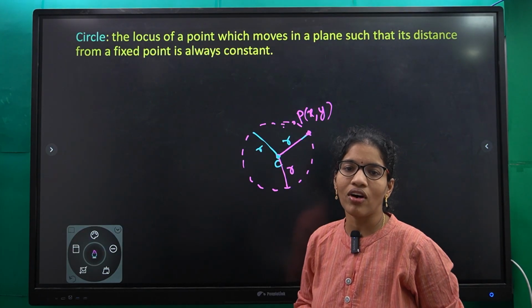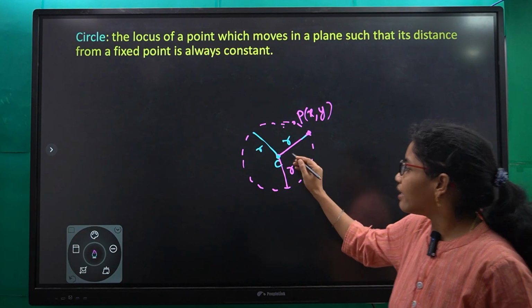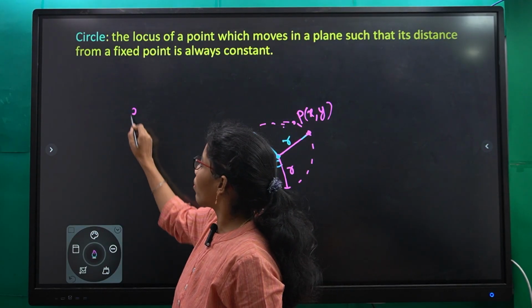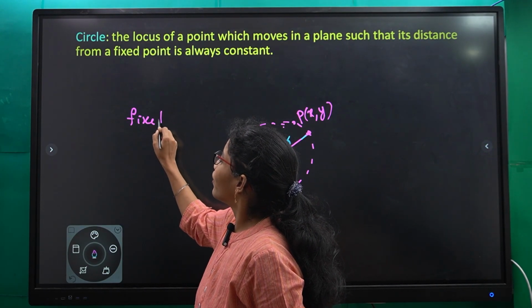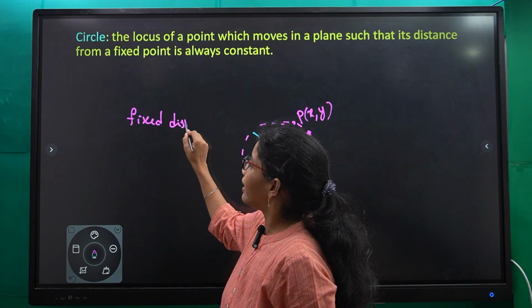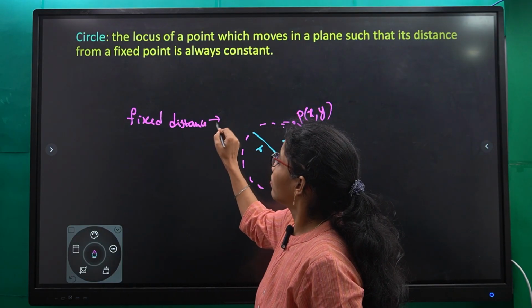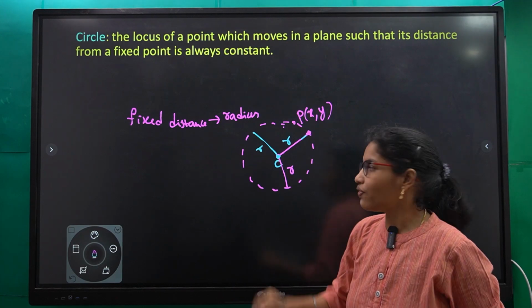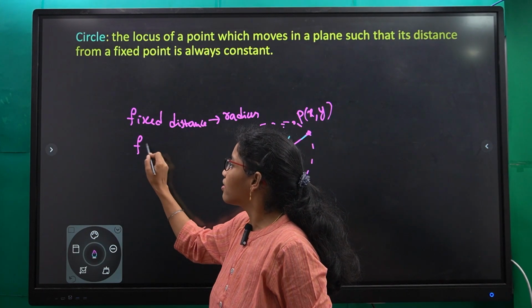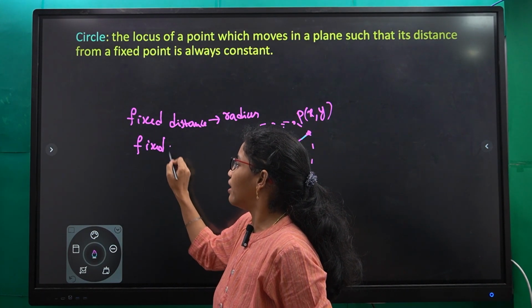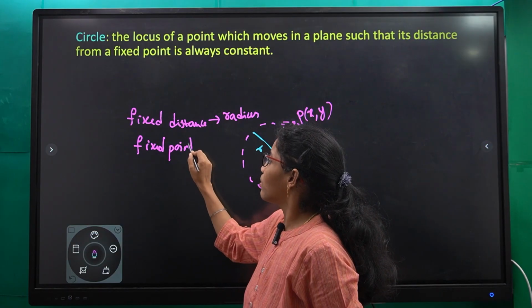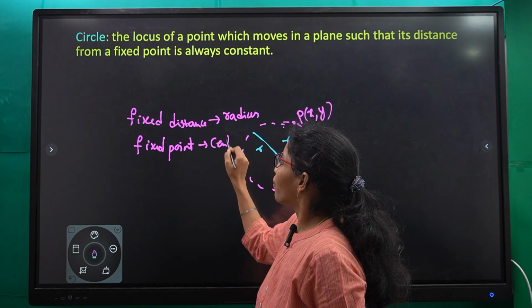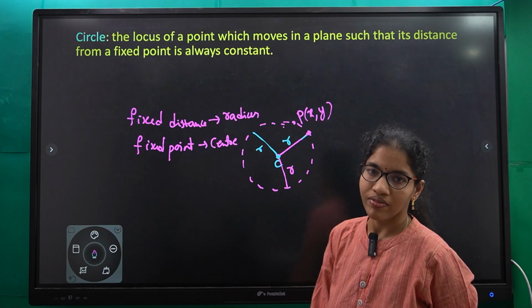So that is called what? Circle. Here the fixed distance is called the radius of the circle, and the fixed point is called the center of the circle, right?